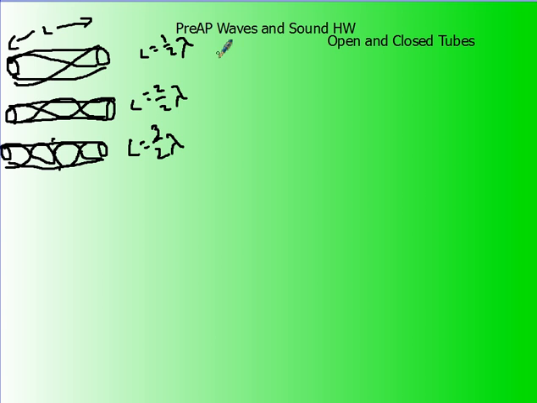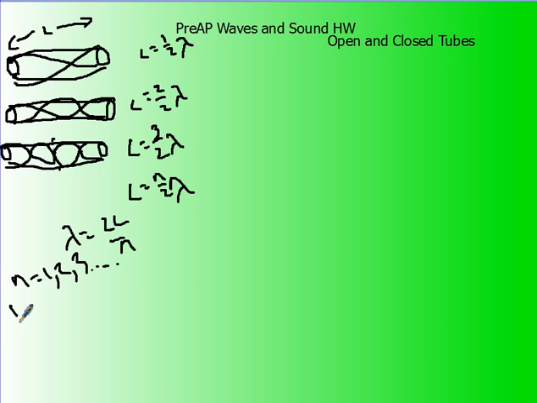So you see, if I were to solve this, the nth one would be L is n/2 lambda. So if we solve for lambda, lambda is 2L/n, where n is 1, 2, 3, etc. Now I know the velocity is f lambda. So solving for the frequencies, frequency is v over lambda.